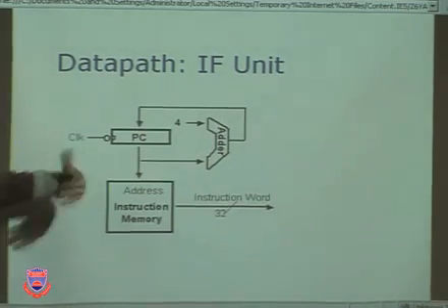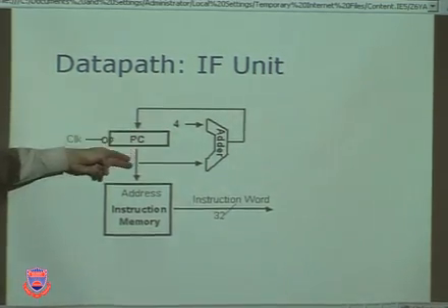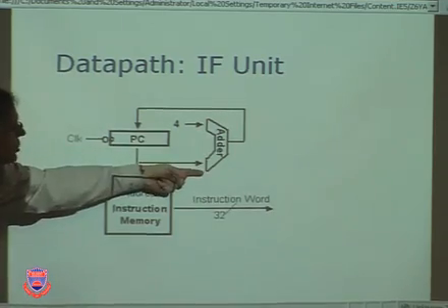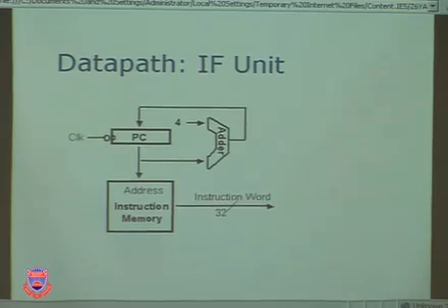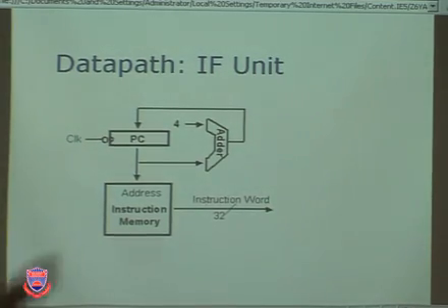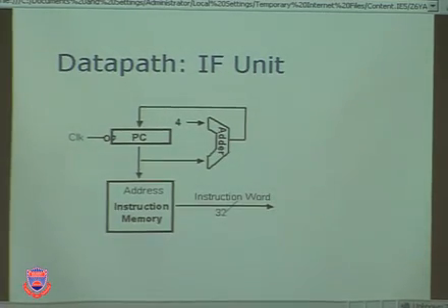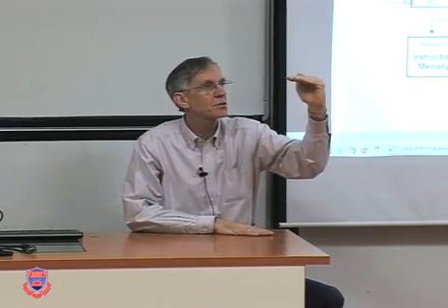The new stuff is, at the same time, we send it to an adder which adds 4, and on the clock, now it's PC plus 4. So now we have the ability, together in parallel with the fetch of every instruction, to change the value of the PC to make it the old plus 4 bytes more. So that's great. That means we can do code like this. This one, then this one, then this one, then this one, then this one.